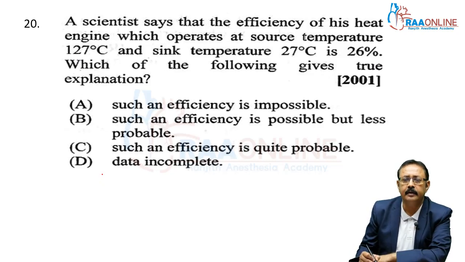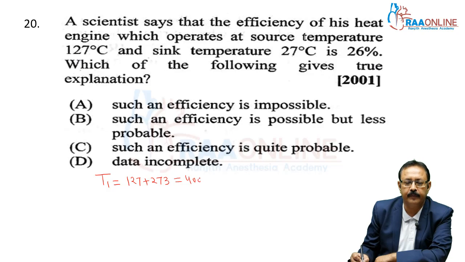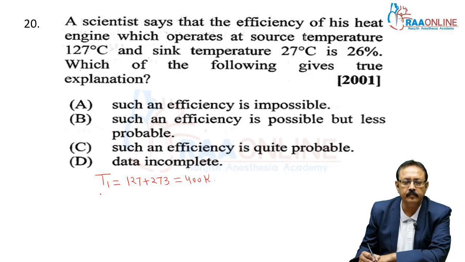Temperature of source T1 is 127 plus 273, which is 400 Kelvin. Temperature of sink is 27 plus 273, which is 300 Kelvin.